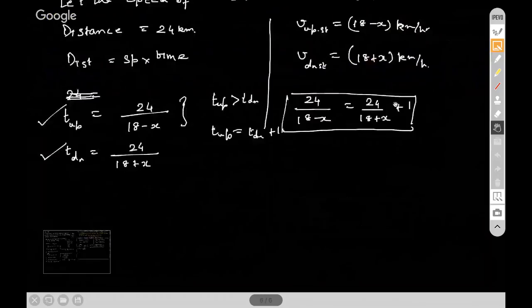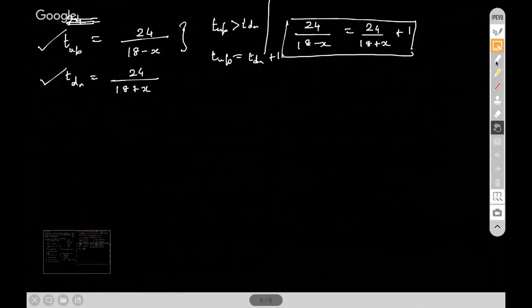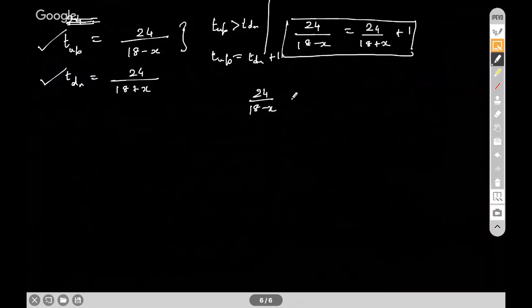Now the question remains to solve this. The other half is to solve the question correctly. So let us solve this. Now, how to solve this? You have to write 24 upon 18 minus x minus 24 upon 18 plus x equals 1 after rearranging.